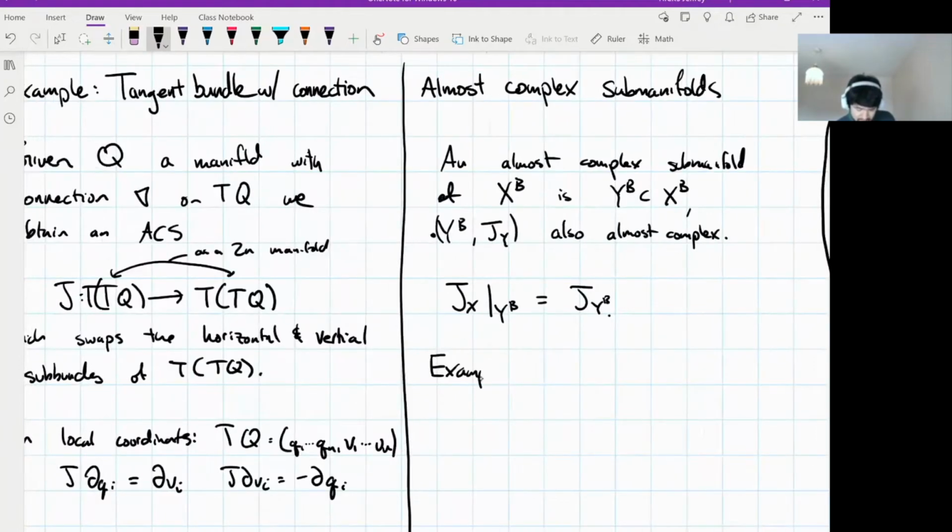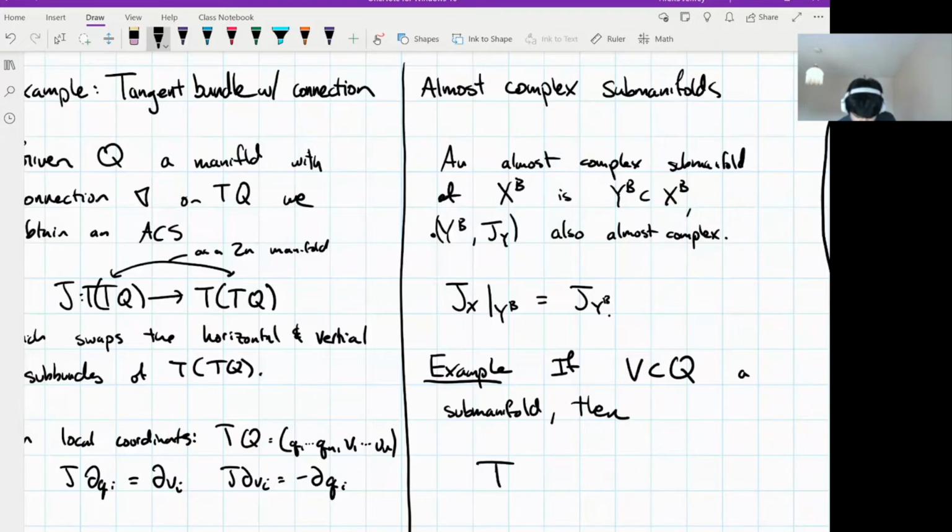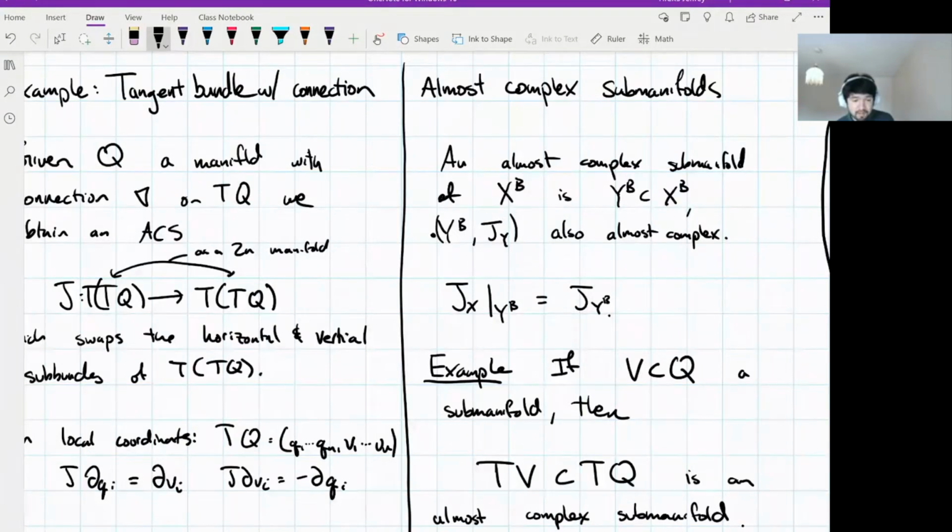Maybe the example, though, which is relevant to us, is that if I take V inside of Q, a submanifold, then the tangent space of V inside the tangent space of Q is an almost complex submanifold.